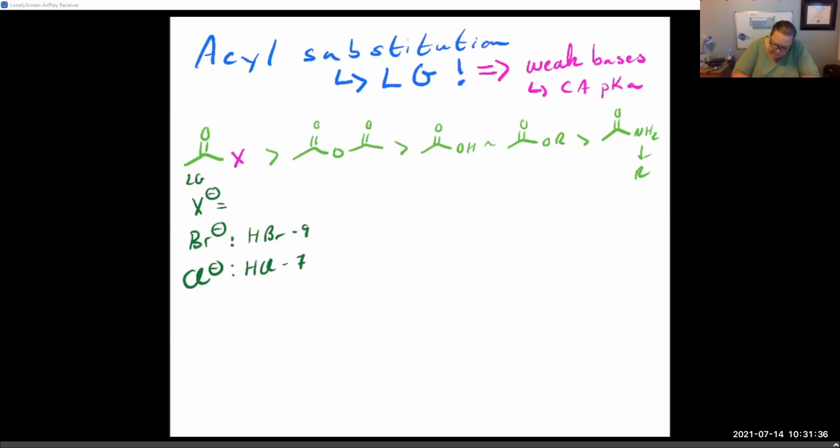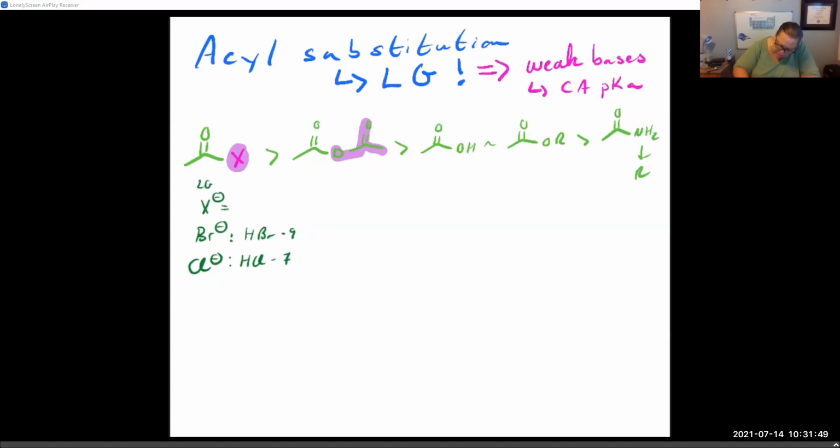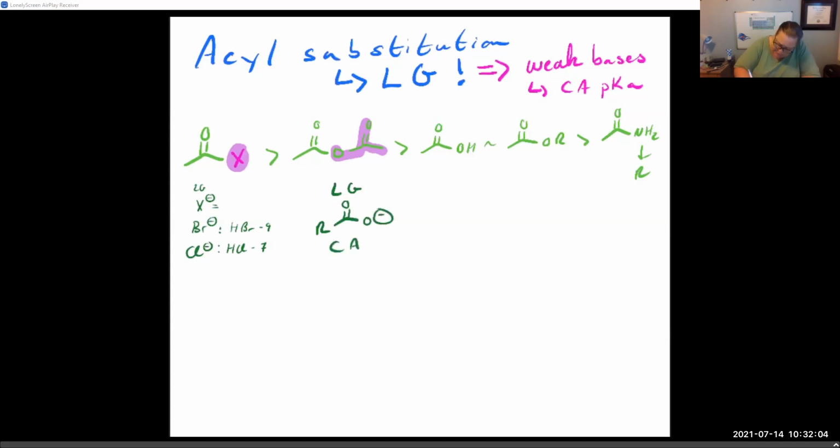And so the leaving group here is this halide, and the leaving group for my anhydride would be this carboxylate. So here, my leaving group would be this. The conjugate acids are carboxylic acids.